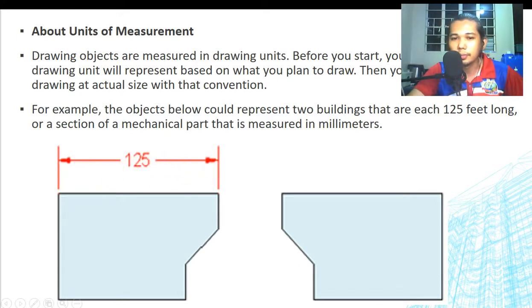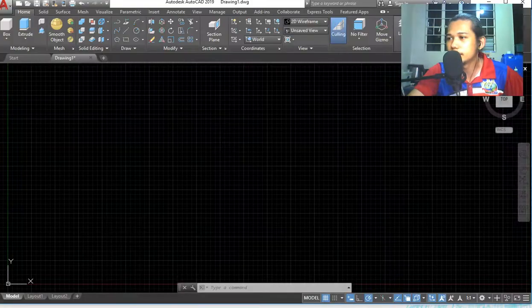Okay, so I'm going to transfer now to AutoCAD. Yeah. So again, just going to repeat whatever we had kanina. Okay. So, kanina, sabi ko nga, meron tayong 3 ways para mabuksan ang ating dialog box na yun, no?